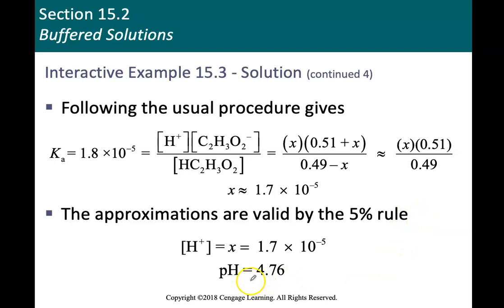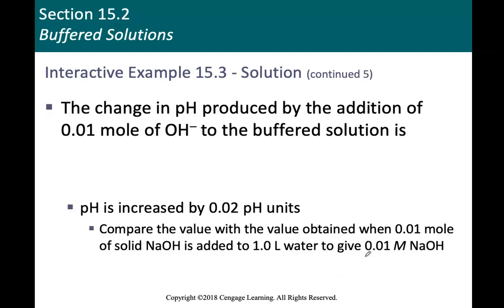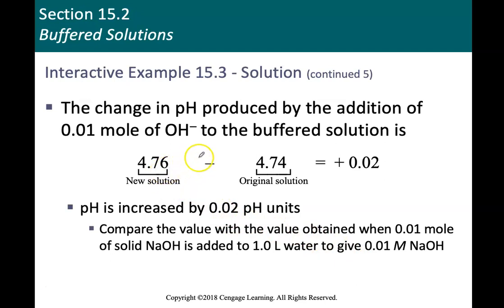That gives us a pH of 4.76. Notice what we had at the beginning: 4.74 was the original pH of the buffer mixture itself. When you add the 0.01 mole of base, it increases to 4.76. So what is the pH difference? 0.02.